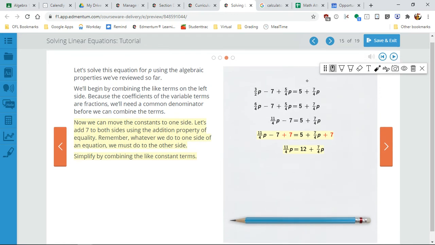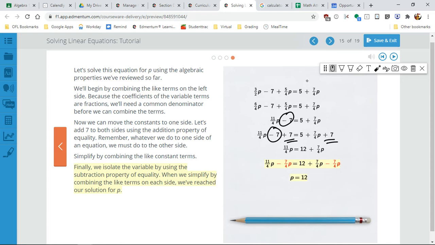When we get to this point, they want us to do the addition first, so they want us to do the constants. They want us to get rid of all constants, putting all the numbers without variables on one side. And then on the next step, they're going to want us to put all the variables on one side. I feel like they skipped a step here.